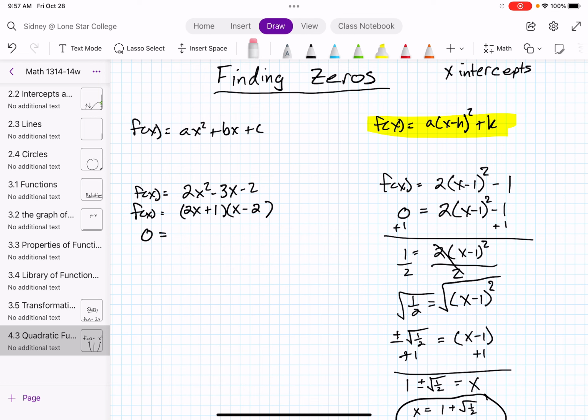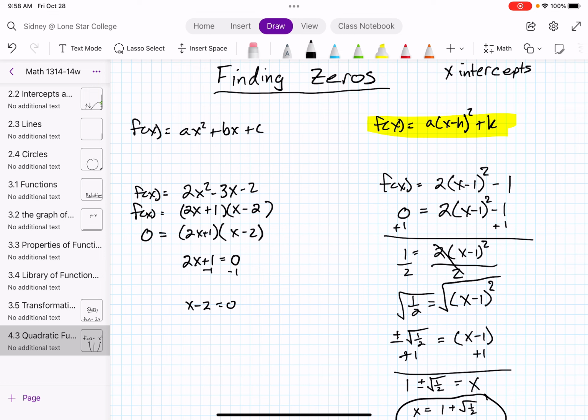So I have 0 equals 2x plus 1 times x minus 2. The zero product rule says if either of these factors is equal to 0, then that whole thing is 0. So I can set each of these factors equal to 0. So 2x plus 1 equals 0, and x minus 2 equals 0.